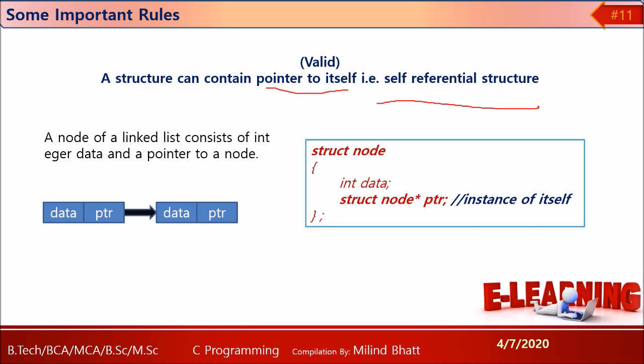It is pointing to some other data and its pointer, and in this way it is followed further. Say struct node: for this linked list I am creating a structure whose tag name is node, having two members, integer data and struct node pointer to node. So I am creating one data and one more pointer to node, a pointer to a similar type of data structure whose name is node.